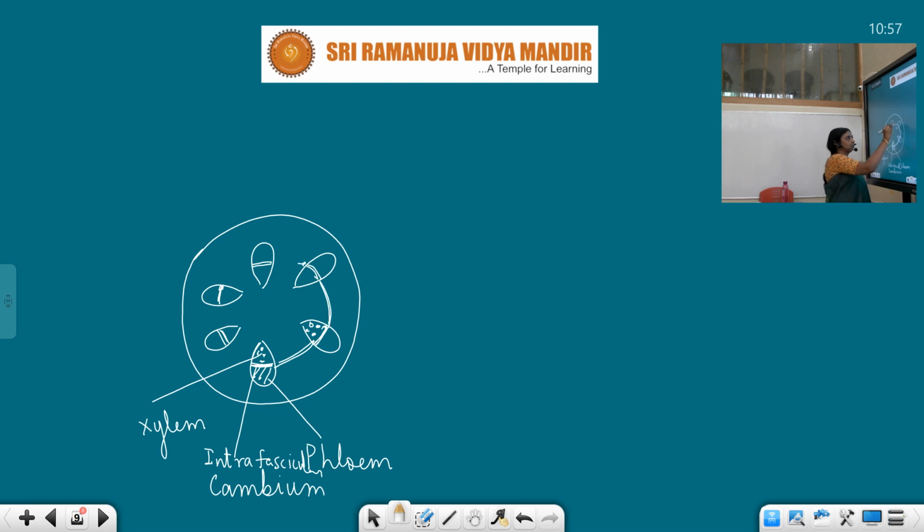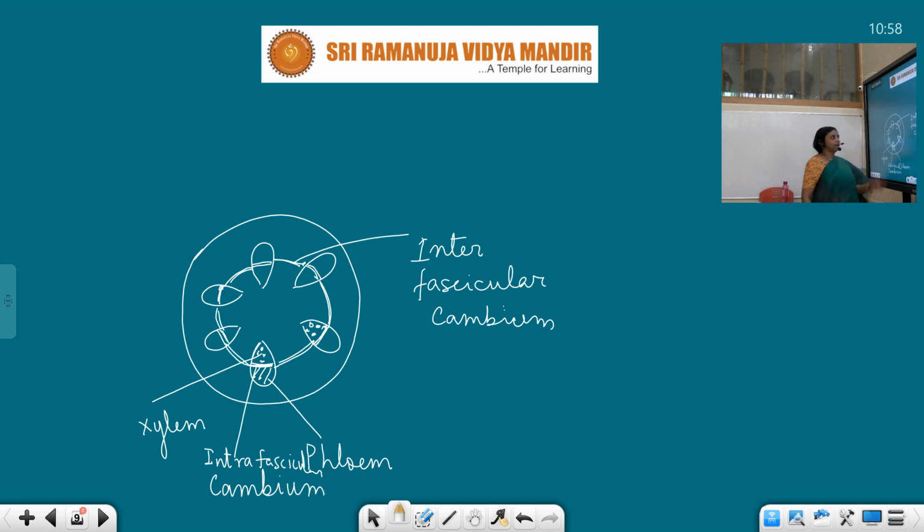Both the intrafascicular and interfascicular cambium together form a cambium ring.